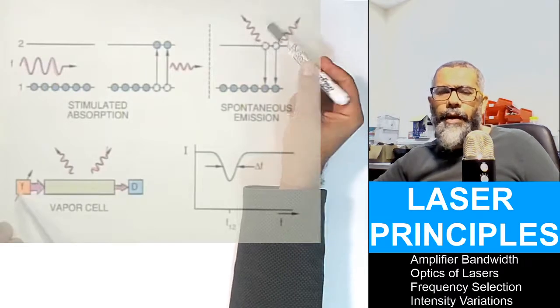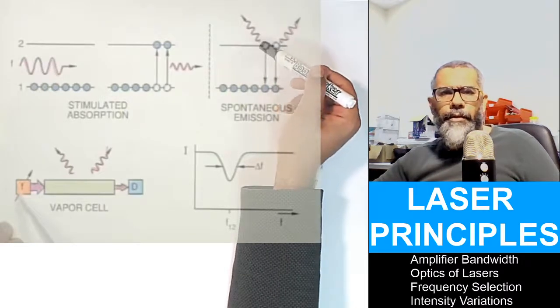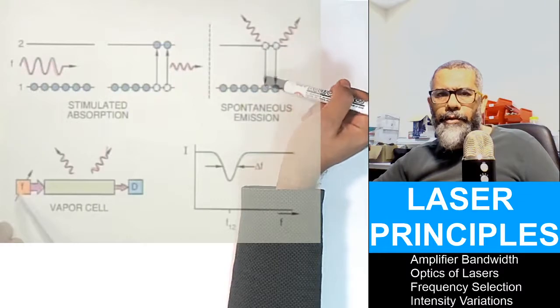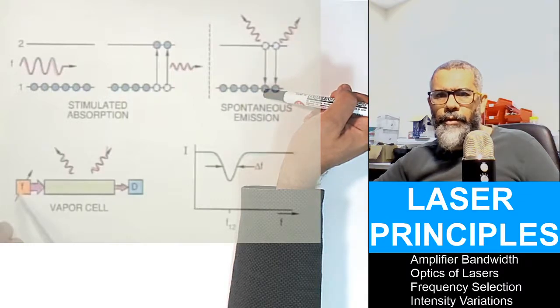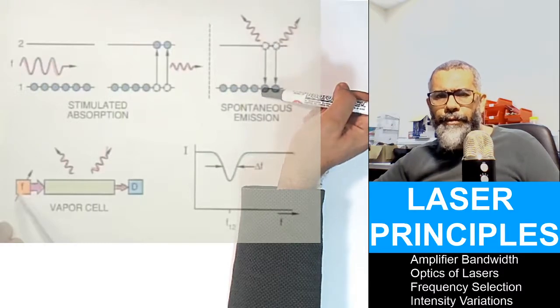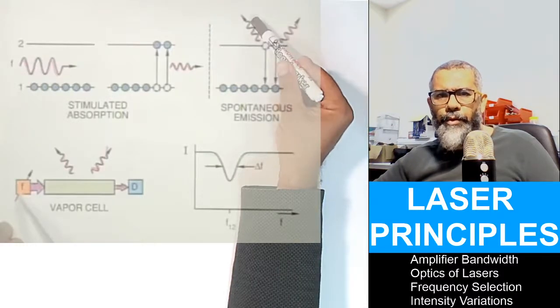So if these electrons are going down, what happens to the energy? Their energy will, of course, get lower, but this loss of energy will be converted to photons.